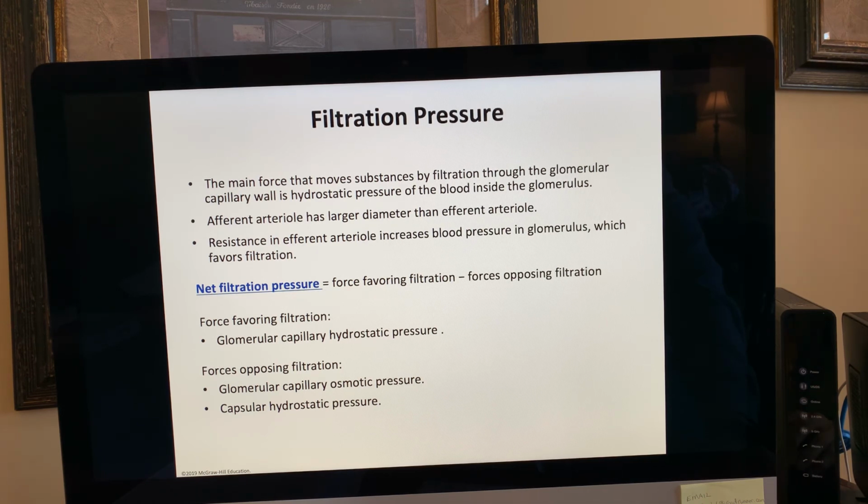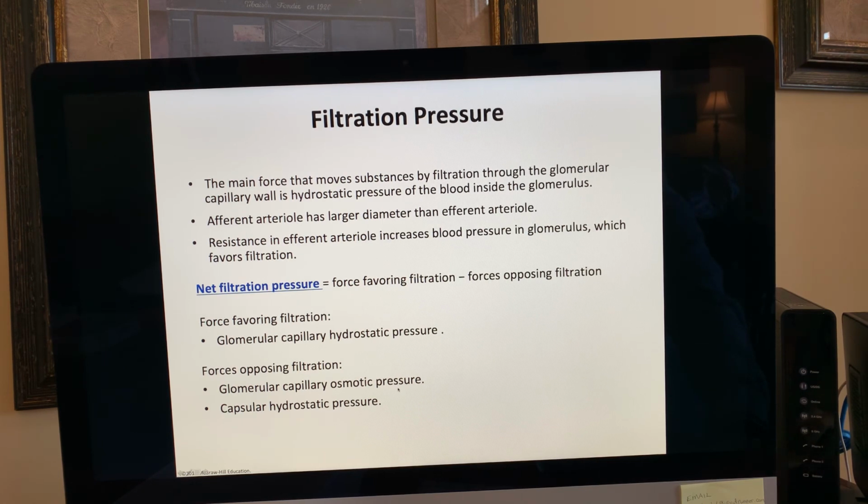It would be like if you had a hose with holes in it, you turned on the spigot at one end and then you squeezed the other end of the hose, the water would increasingly flow through those holes because you have a larger diameter coming in than you have going out. So the net pressure of filtration is the forces that favor filtration, which is mainly the hydrostatic pressure pushing out, subtracting the forces that oppose filtration.